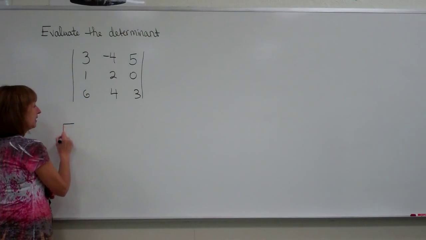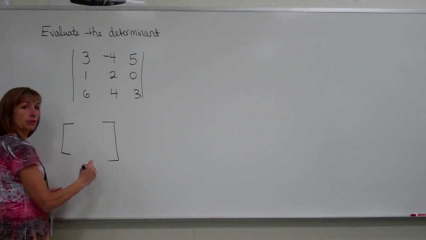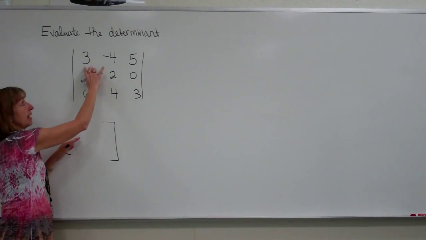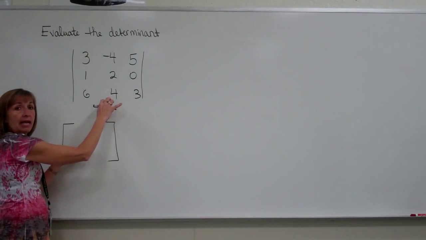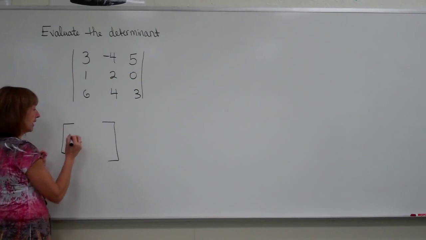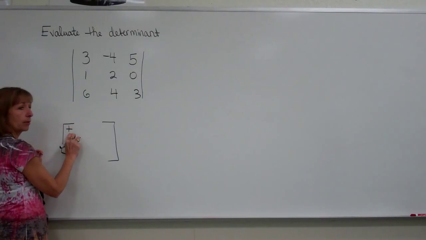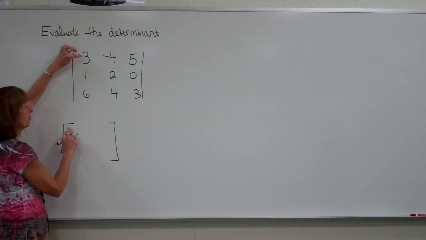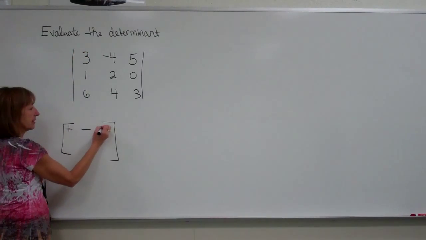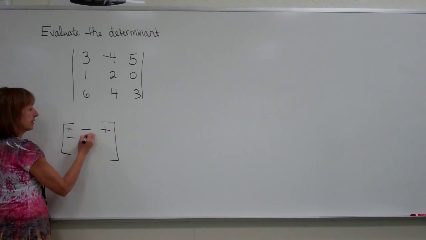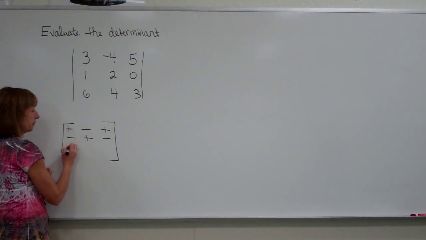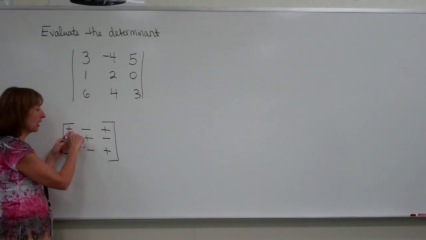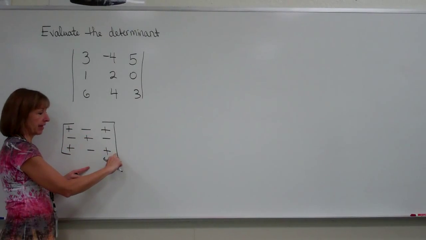The sign that you need between the terms you find by making a plus-minus chart that has the same number of rows and columns as the determinant you're trying to evaluate, and starting with a plus in the upper left-hand corner and alternating signs off of that. So we'll have a plus, then a minus, then a plus, then a minus, then a plus and a minus, and a plus and a minus and a plus. Notice we start with a plus in the upper left-hand corner and we alternate signs off of that.